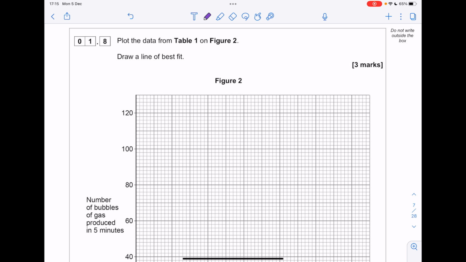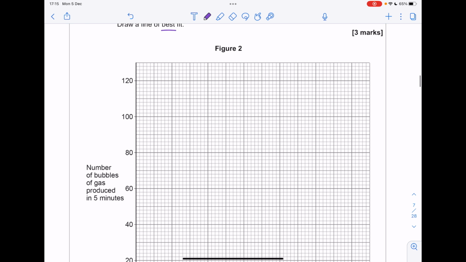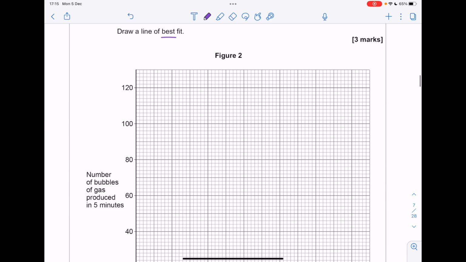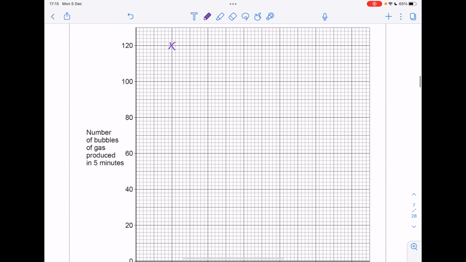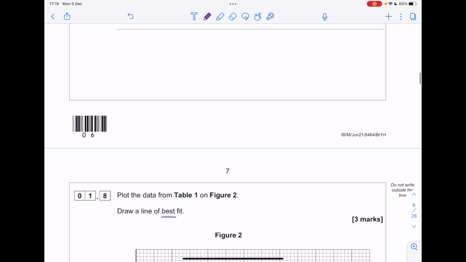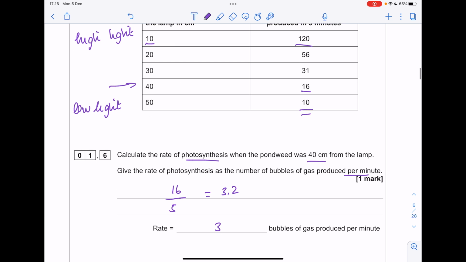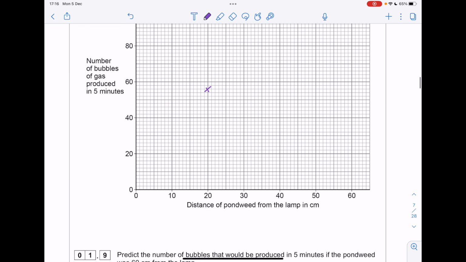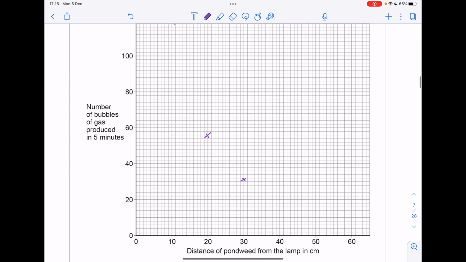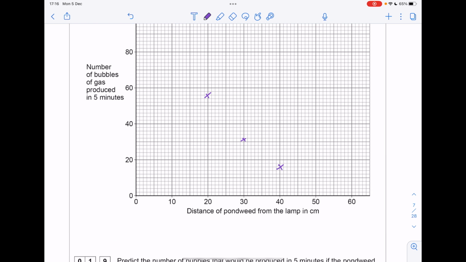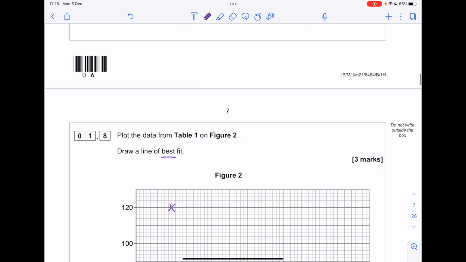Plot the data from table 1 on figure 2, draw a line of best fit. So when we have a distance of 10 centimetres, we have 120 bubbles of gas. 20 and 56. 30 and 31. 40 and 16. 50 and 10.